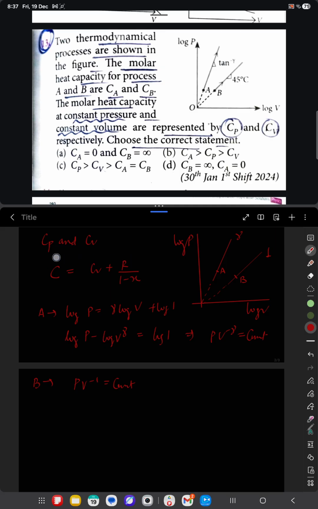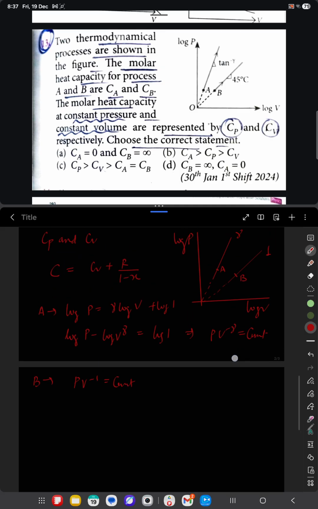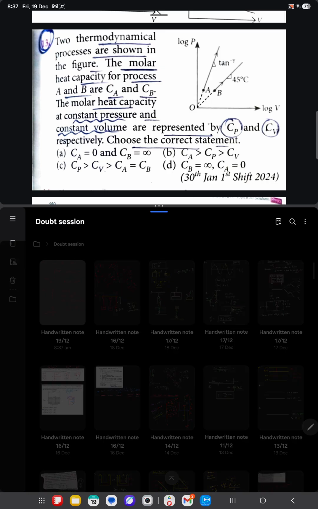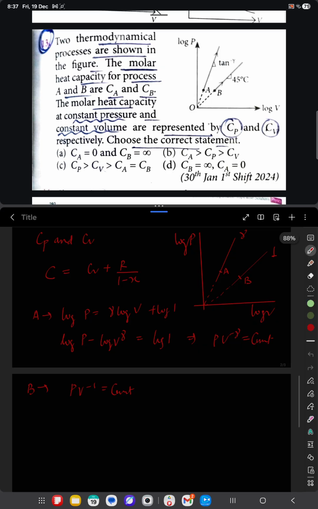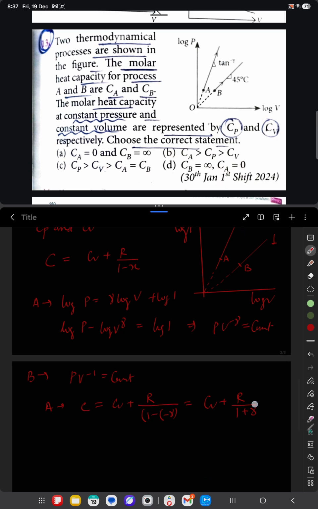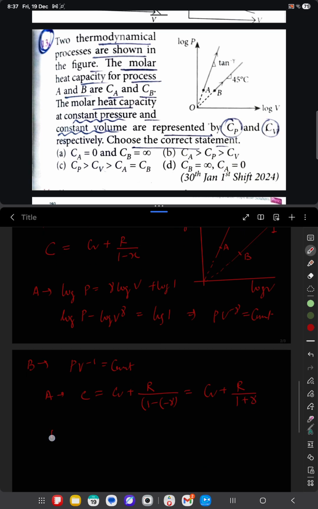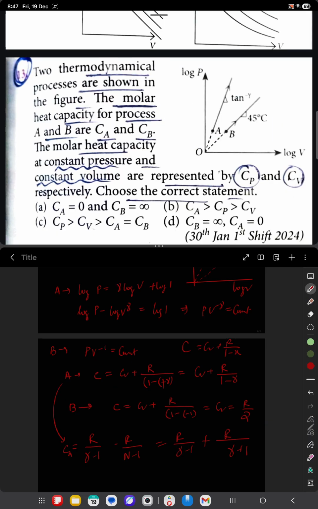Now you know C is equal to Cv plus R by 1 minus x. So for process A, C equal to Cv plus R by 1 minus gamma.